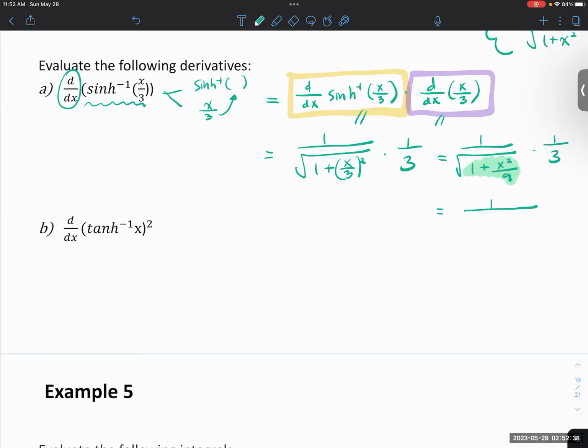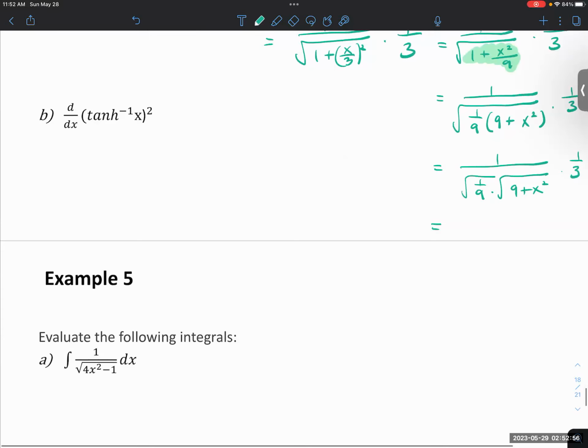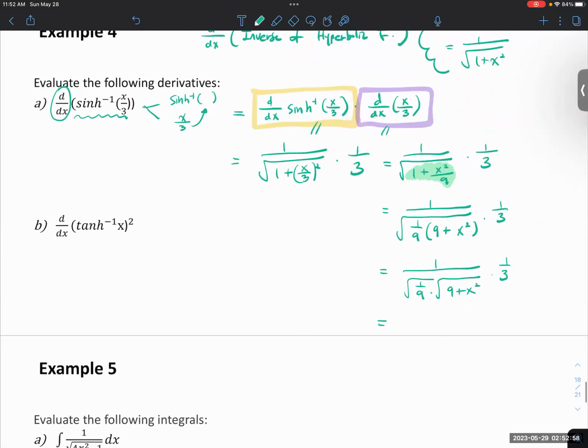Here, I'm going to factor out 1/9 times 9 plus x squared, to the 1/3. Again, you can separate it, 1/9, 9 plus x squared. Uh-oh, I need a space, so let me minimize it.